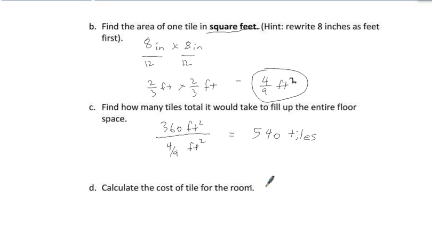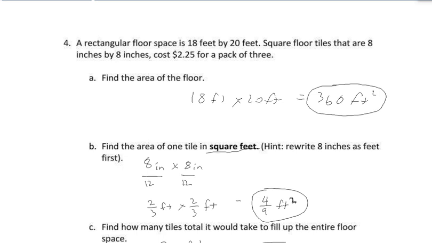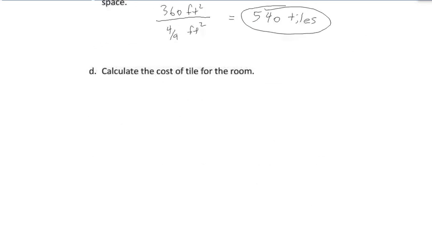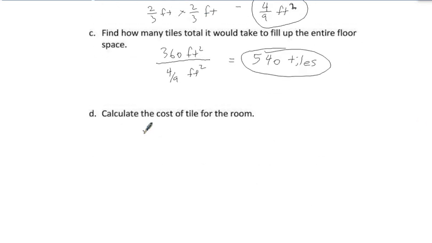Calculate the cost of tile for the room. In order to do that, we have to go back and see how many come in a pack and how much the pack is. So the cost for a pack of 3 tiles is $2.25. $2.25 for a 3-pack.